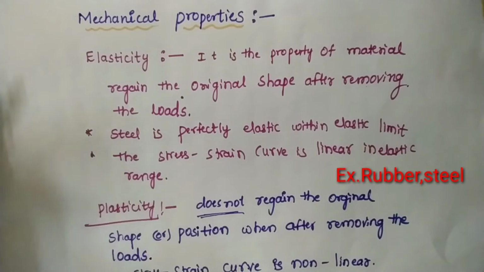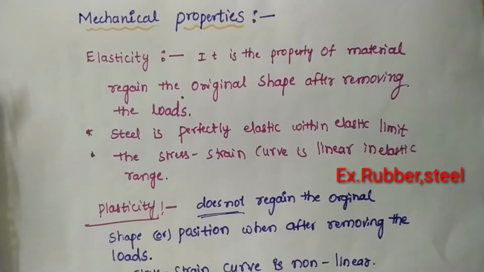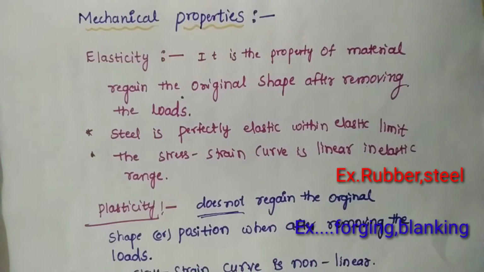In case of elasticity the stress strain curve is linear, but in case of plasticity the stress and strain curve is non-linear. Because in the elastic property the material regains the original shape, but in plasticity it does not regain the original shape. So these two are very important.